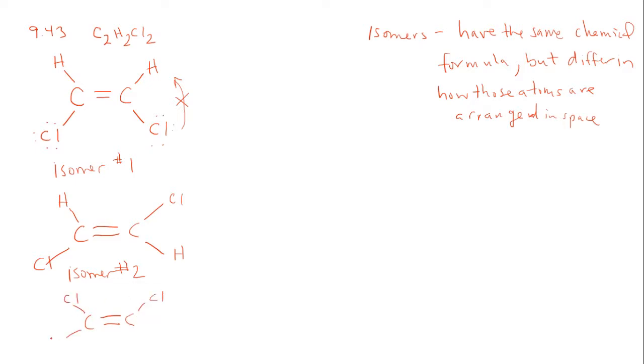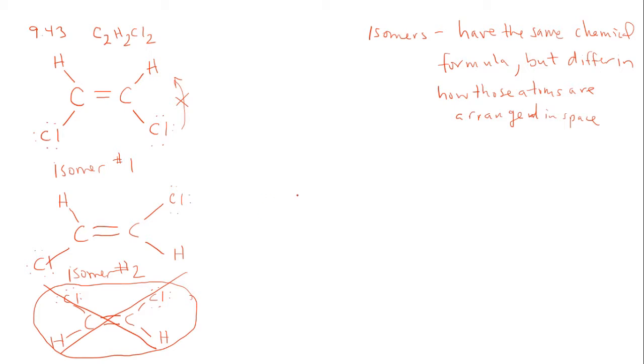But you'll notice, if you just switch sides of that 2nd chlorine, there's an awful lot of similarity between this isomer and the first isomer we made. You notice that both chlorines are on the same side of the double bond, so it's identical to isomer number 1. So this is not a unique isomer. It's basically just flipping this whole molecule 180 degrees.